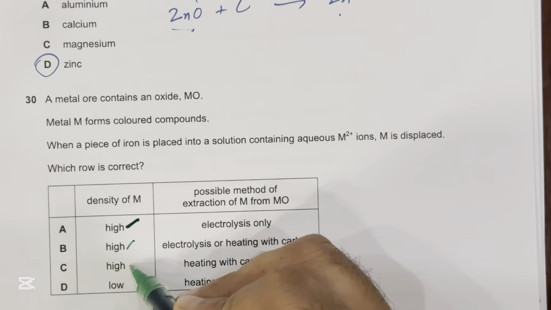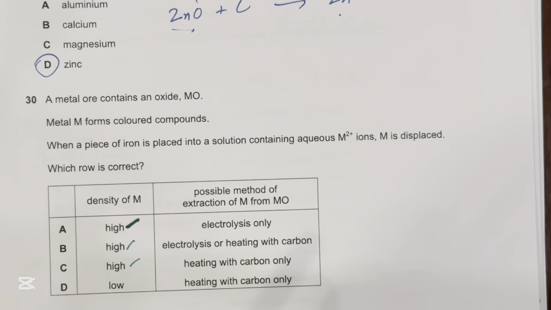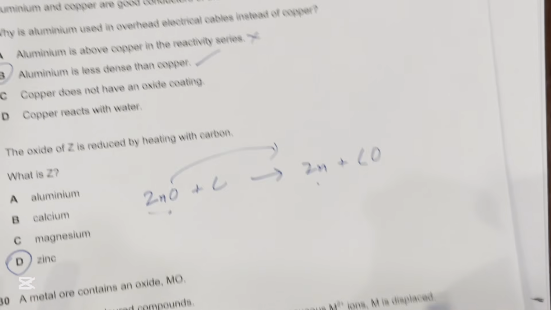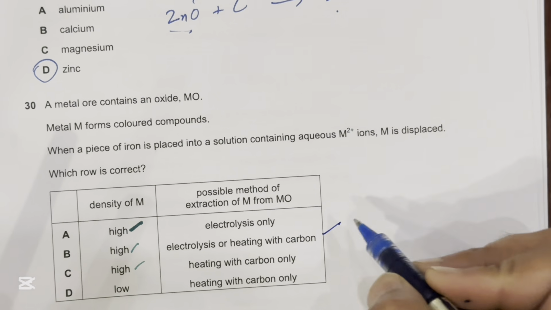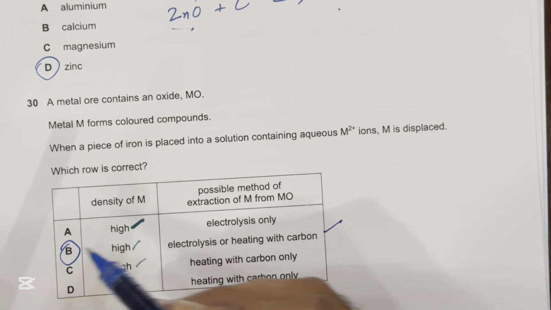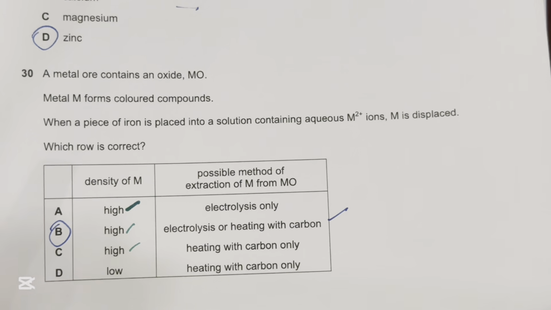So options A, B, and C carry that explanation. Now, possible methods of extraction of M would be electrolysis or heating with carbon. We just did that. When a metal oxide is heated with carbon, the oxygen is removed, like in the above MCQ. So option number B carries both the right options.